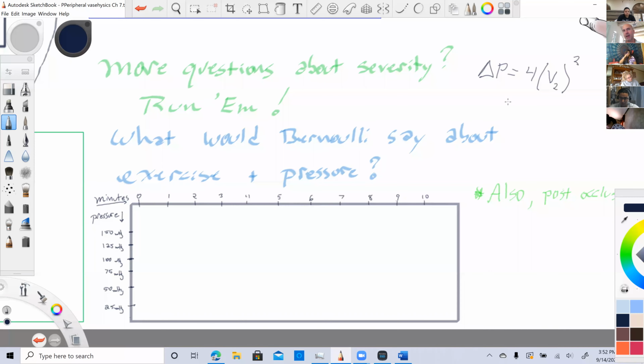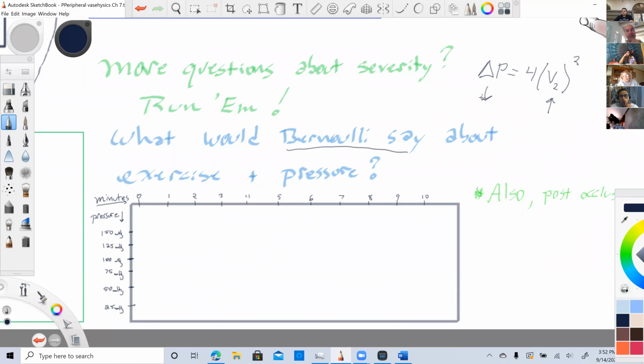When you exercise, the velocities in your legs are going to go up. Normally, right? Your heart's beating harder, your arterioles open up, everything's going to be flowing faster. So what would Bernoulli say? If that's going to go up, our pressure is going to drop even more.